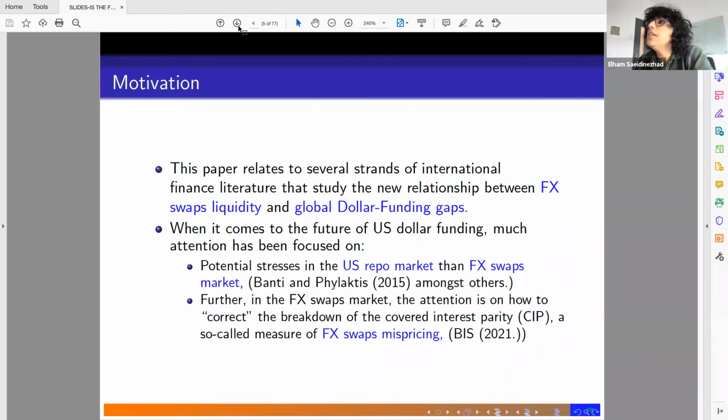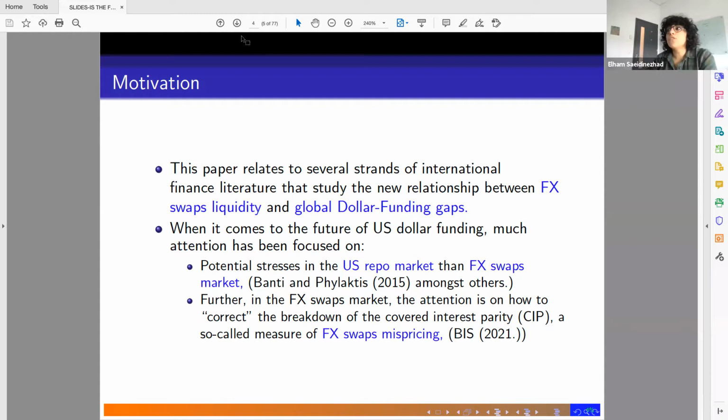Some motivation. Basically, where do I belong? This paper belongs to several strands of the international finance literature, and the new versions of this literature are trying to understand the relationship between FX swap liquidity and the global dollar funding gap.